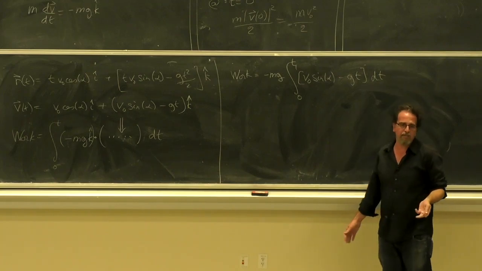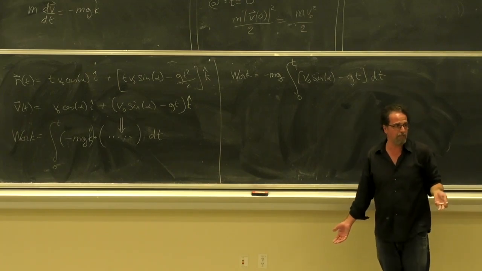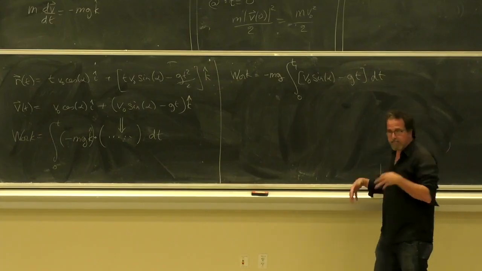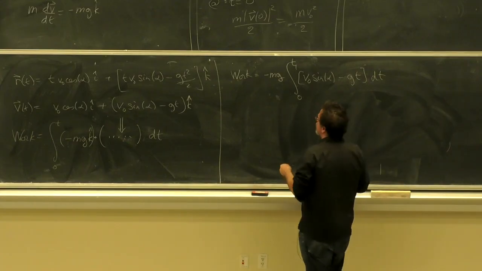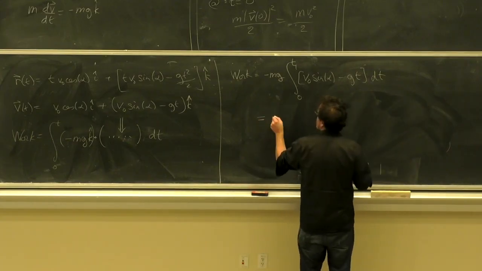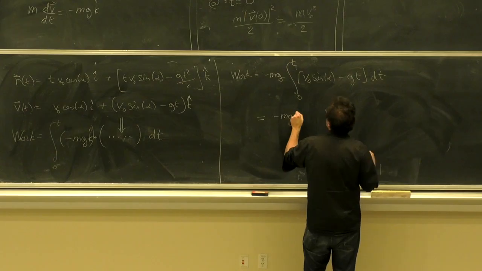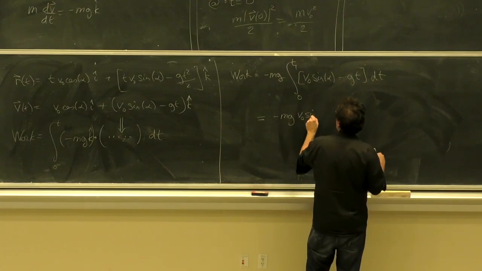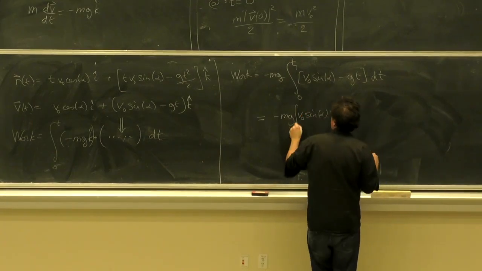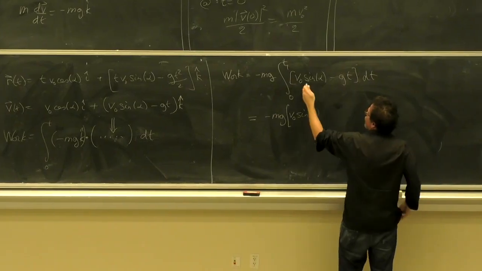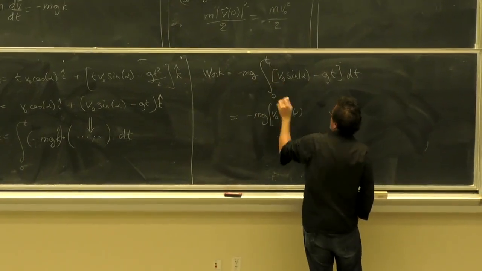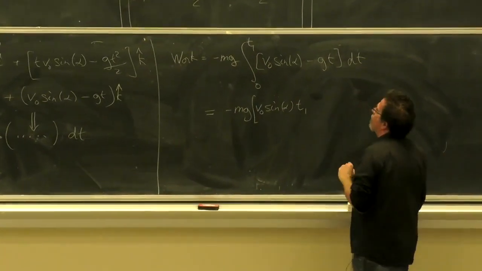You notice, ideally, that most of the integrals we get in this class are somewhat straightforward. It's the setting up, it's the conceptualization that's really important. So this is going to be negative mg v0 times sine alpha, I'll open parentheses here. Well, this is a constant, so this is just t1 minus 0, which is t1.